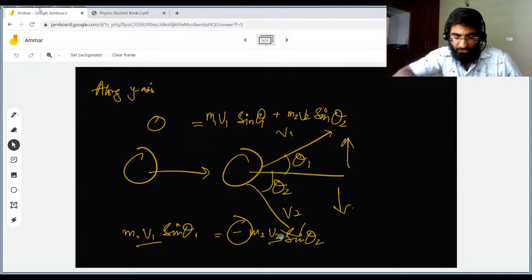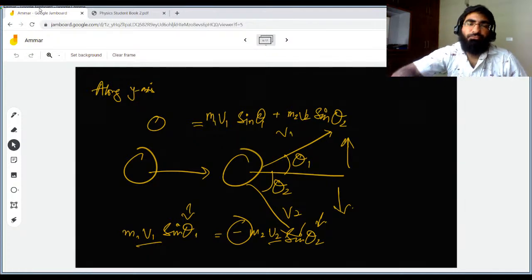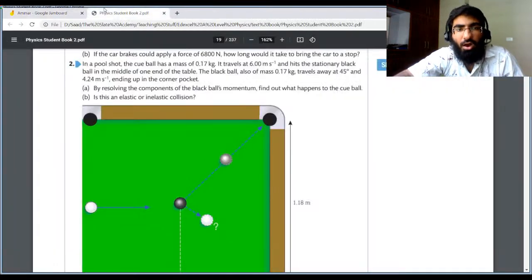But it's not the same here, no? Over here, like the textbook, it travels away at 45 degrees and 4.24.